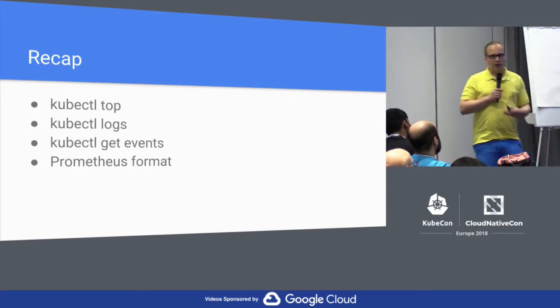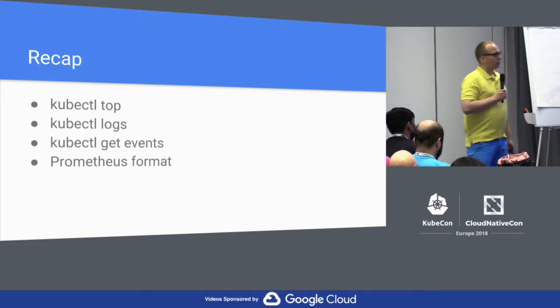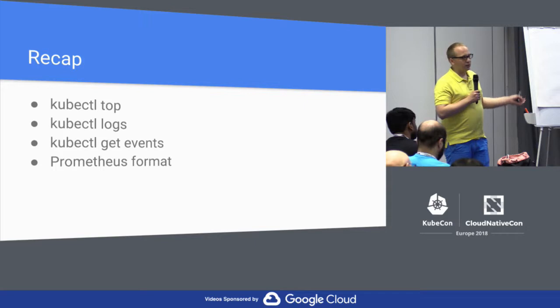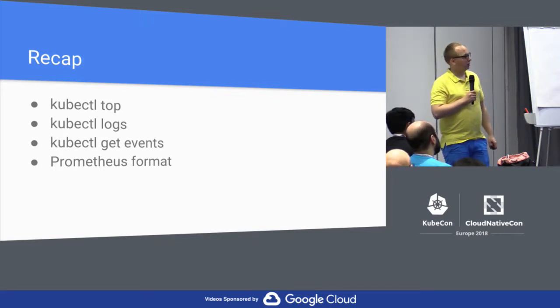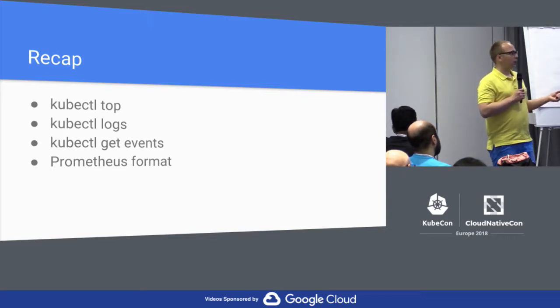kubectl get events: events are those lightweight messages in Kubernetes explaining that something happened in the system, for example a pod was scheduled on a node, and you can see those events using kubectl get events.